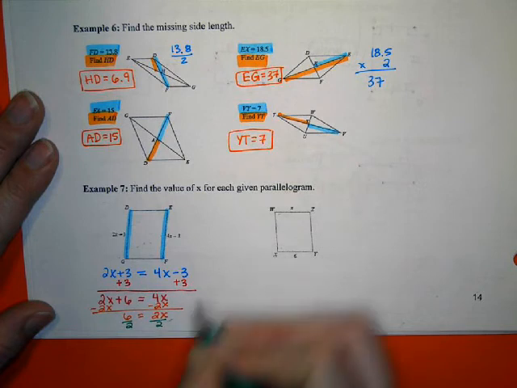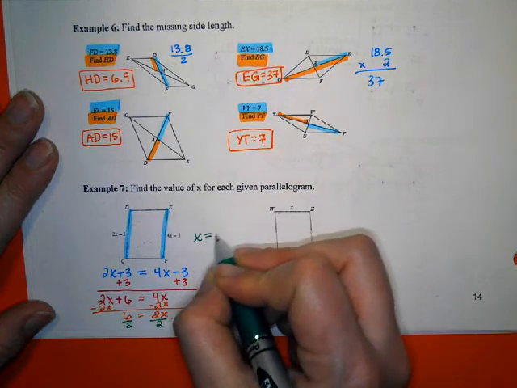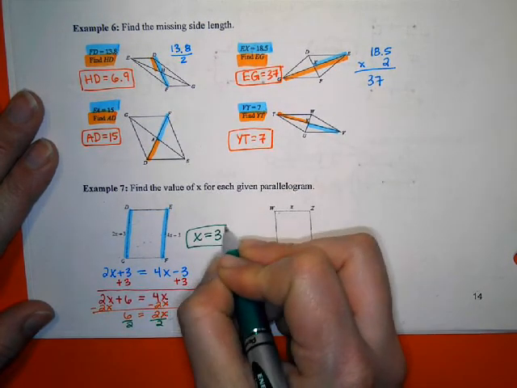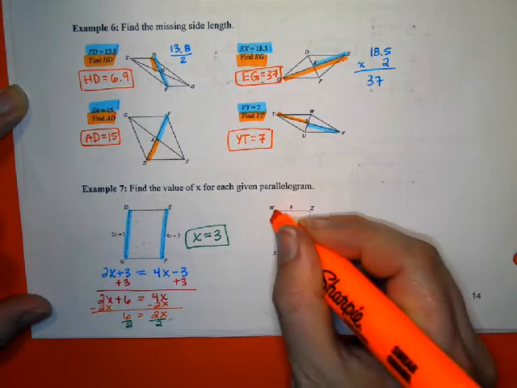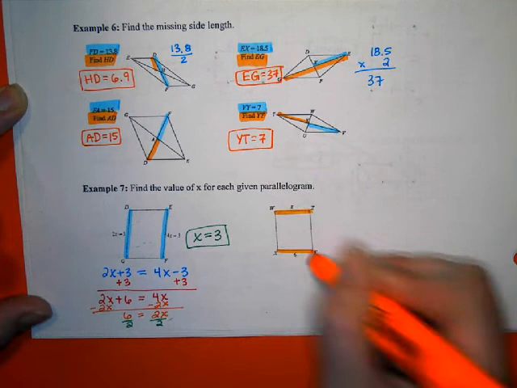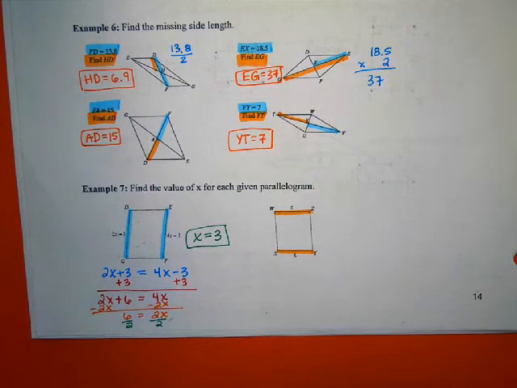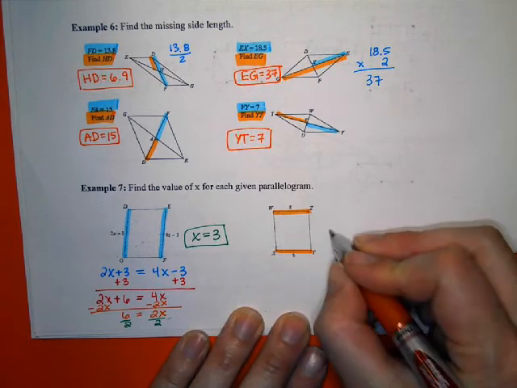Now what do I need to move? Subtract 2x. Divide by 2, and we get that x is equal to 3. That's done.